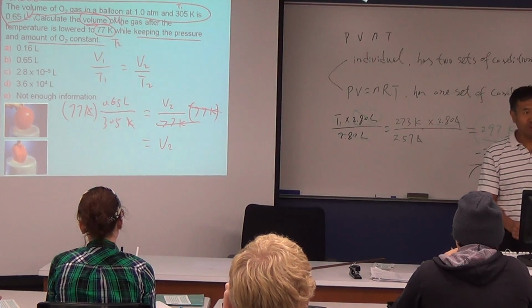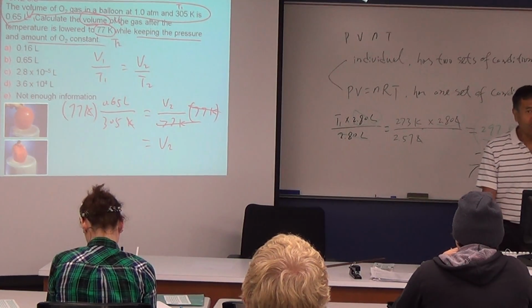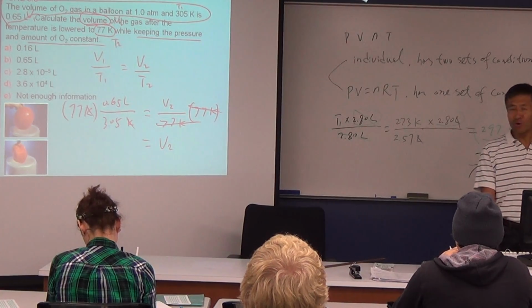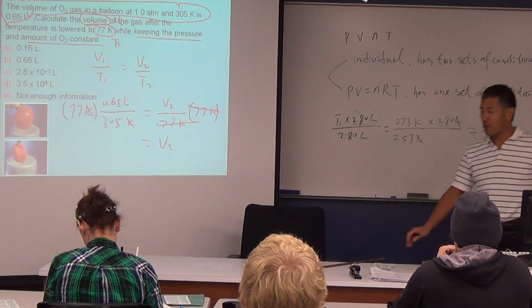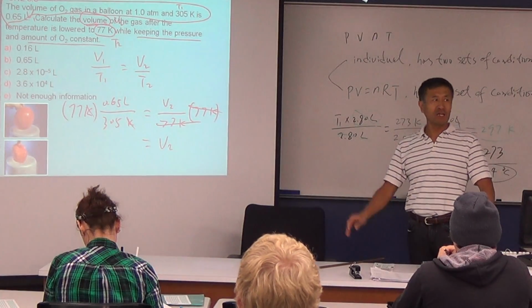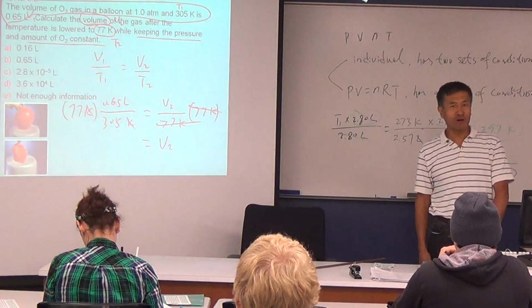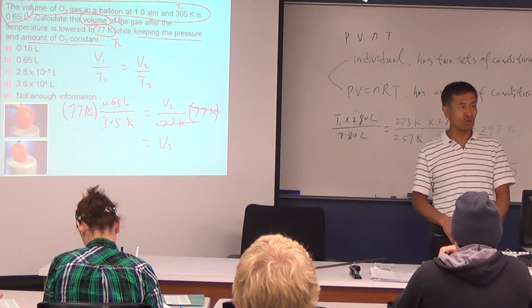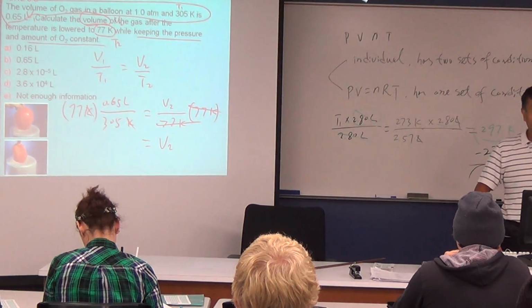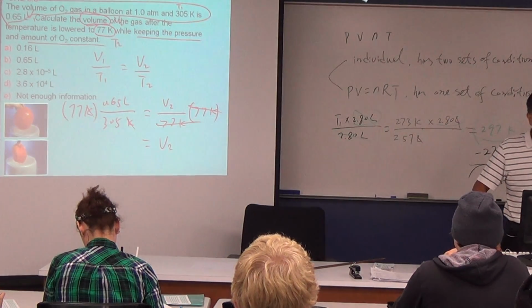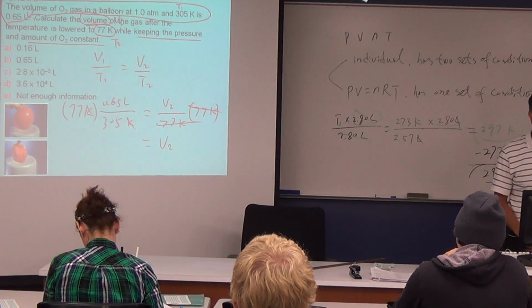That makes sense because the charts will tell you the volume is directly proportional to the temperature. Right? If your temperature goes from 305 Kelvin and decreases to 77 Kelvin, that is a very, very low temperature, about negative 200 Celsius. Alright?